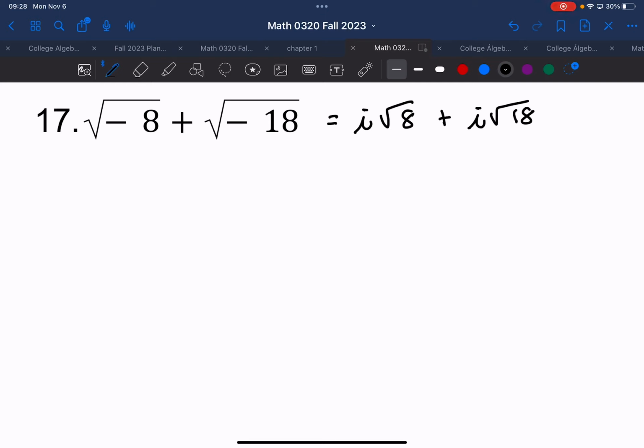Okay. The only way that we could add these together is if our square roots are what? They have to be the same. They have to be equal. So we would try to do the factor tree off of both to see if we simplify these, if we could get radicals that are the same.